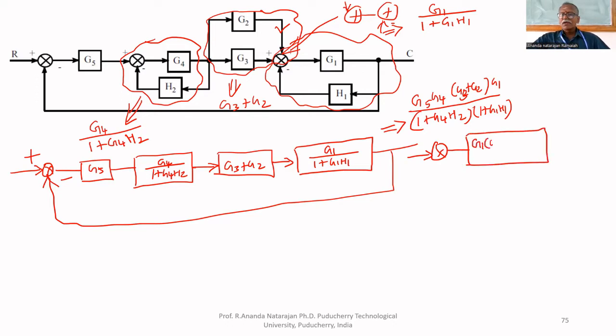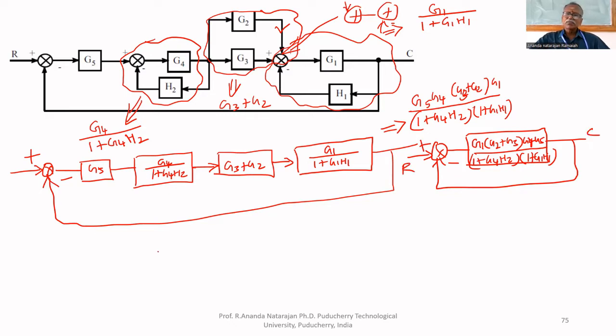Again, you have to draw like this. G1, G2 plus G3, G4, G5 upon 1 plus G4H2, 1 plus G1H1. Now we have to apply 7th rule.